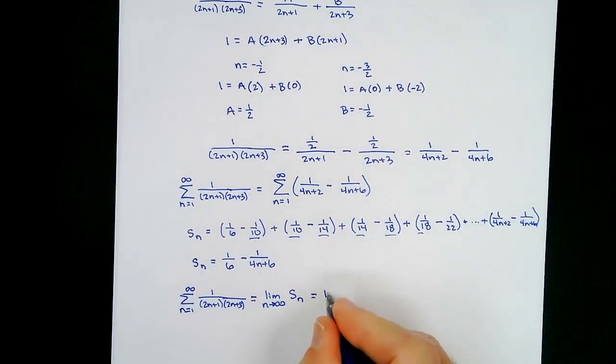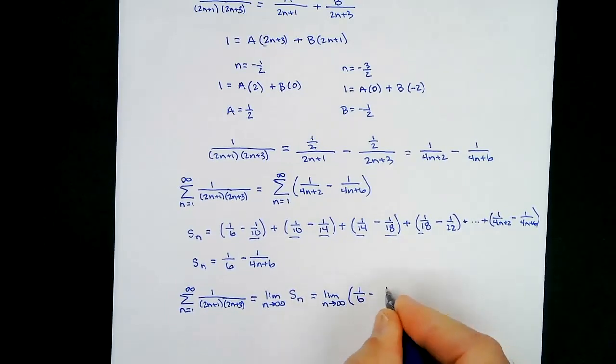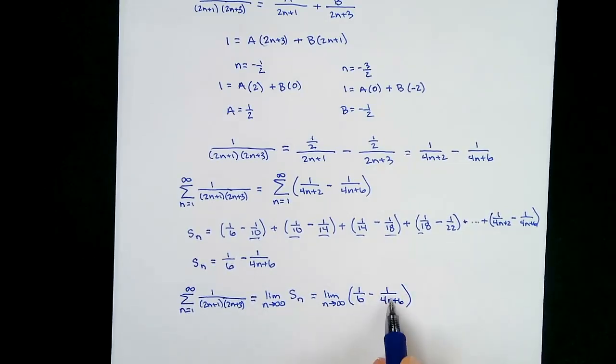So then this becomes the limit as n approaches infinity of 1/6 minus 1 over (4n plus 6). And we should realize that this fraction is what's controlling it, right? As n goes to infinity, this denominator is going to get really, really big, which is going to make the fraction get closer and closer to 0.